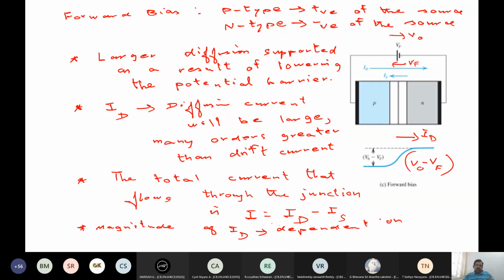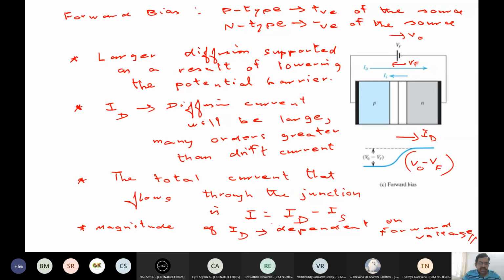There the barrier is increased with the reverse bias, while the magnitude of ID depends on the forward voltage. With this, I end the qualitative explanation of the working and understanding of the PN junction.